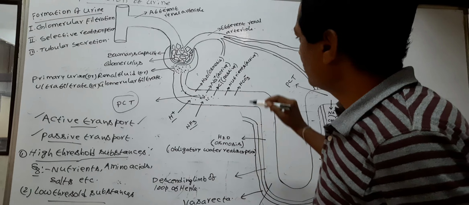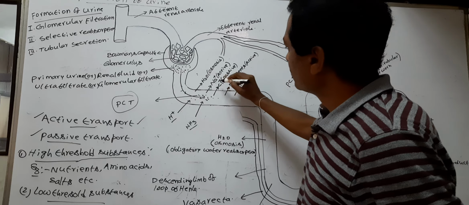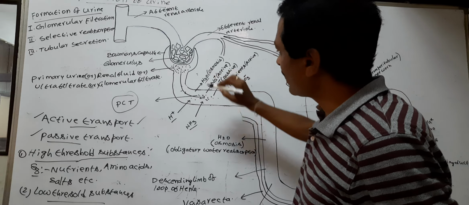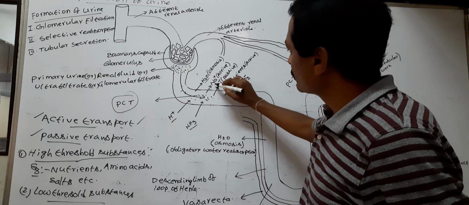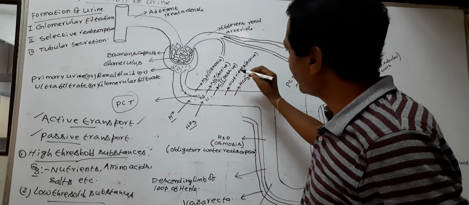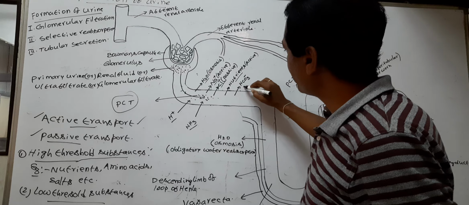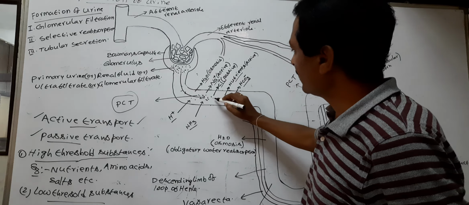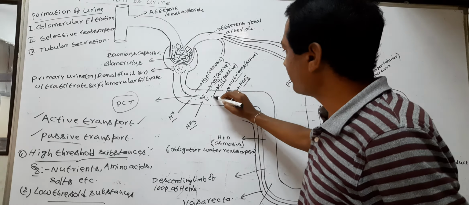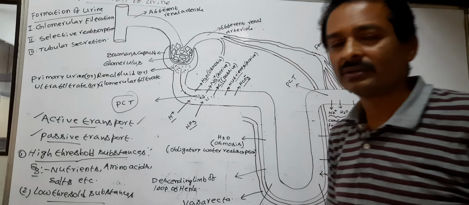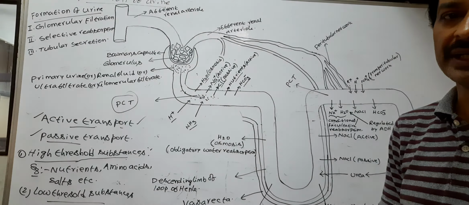Here a large amount of water, sodium, chloride, nutrients, and bicarbonate ions are reabsorbed from primary urine into cortical fluid.